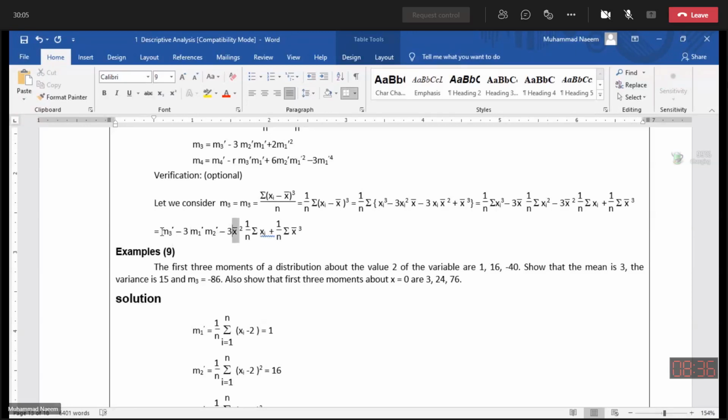In our third term, obviously, x bar is our first moment about origin and its square. And the rest of the expression is our first moment about origin.